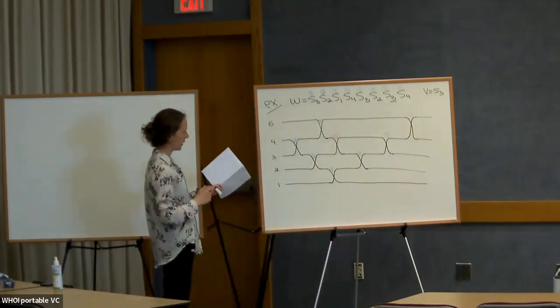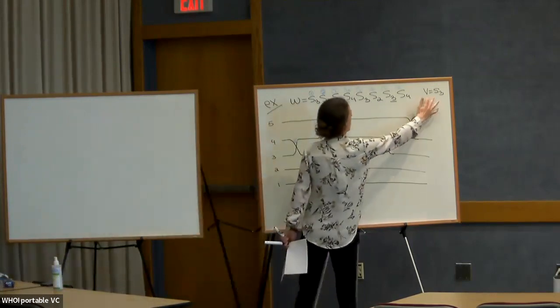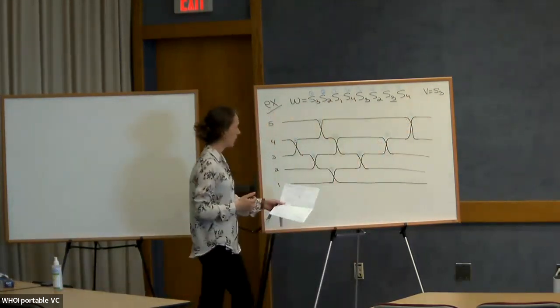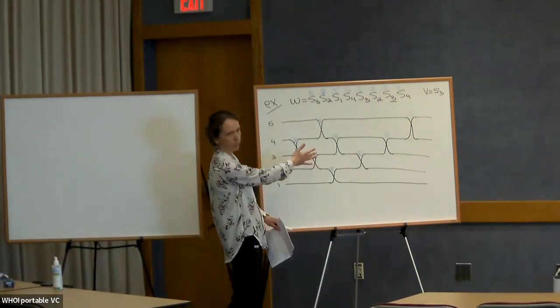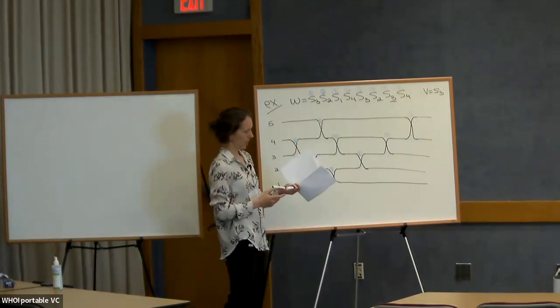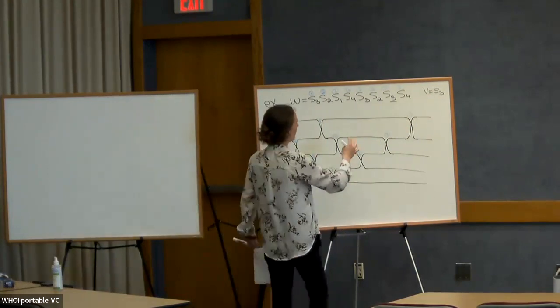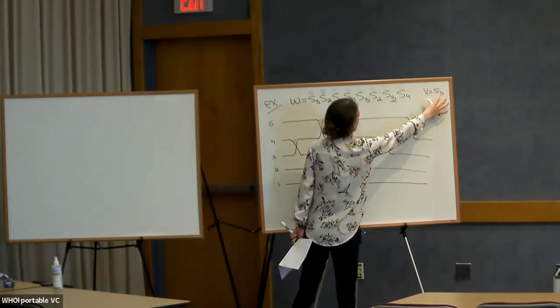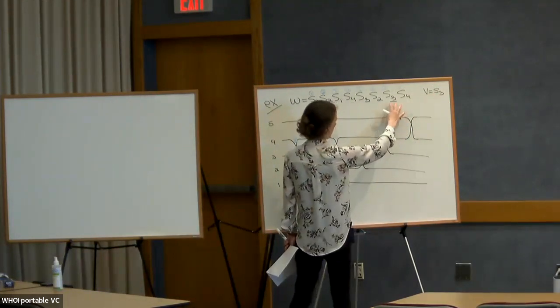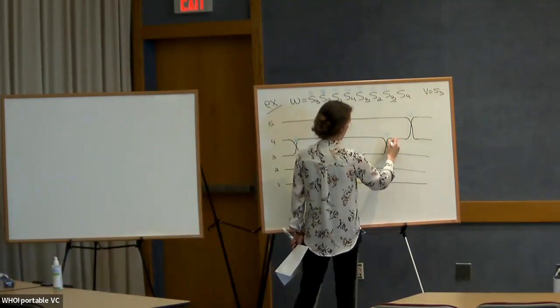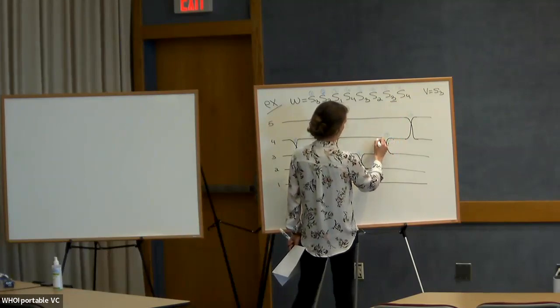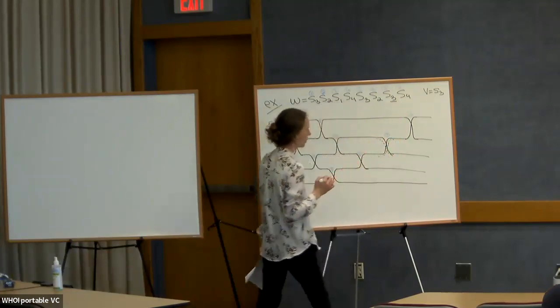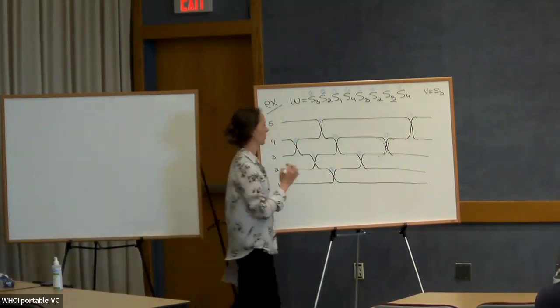And then what happens is we also have this information of B. And what I do is I overlay the diagram of B on top of this. My B is just S3, so I'm just going to see the crossing 7. So at crossing 7, in my diagram I'm going to draw in dotted lines, it's just going to have this crossing, and everything else is going to go straight.